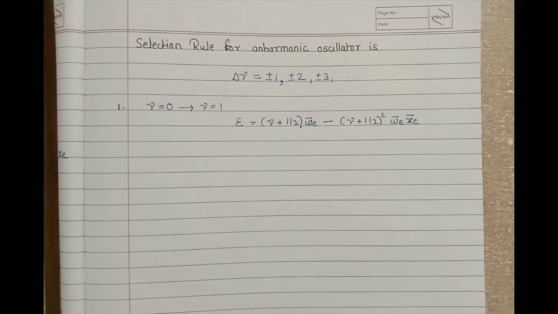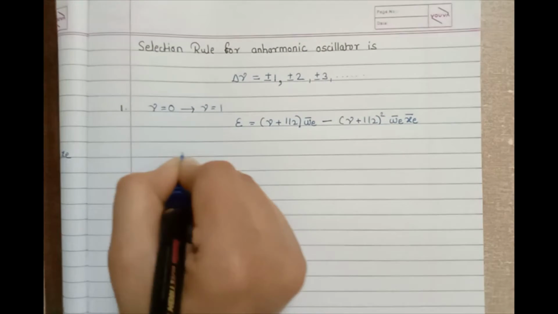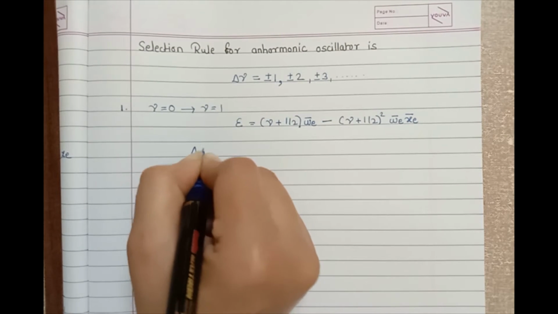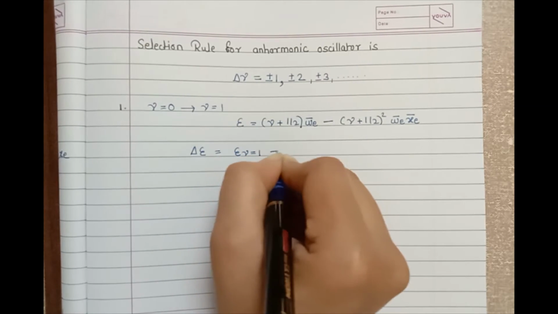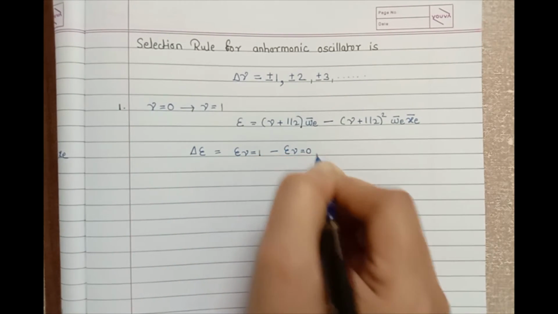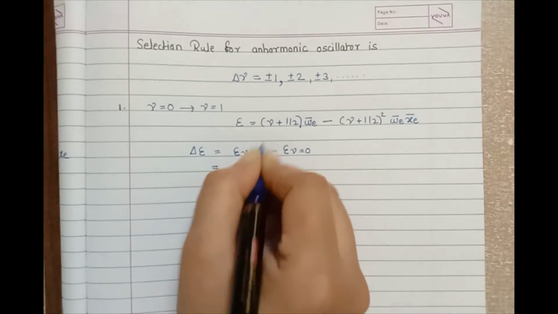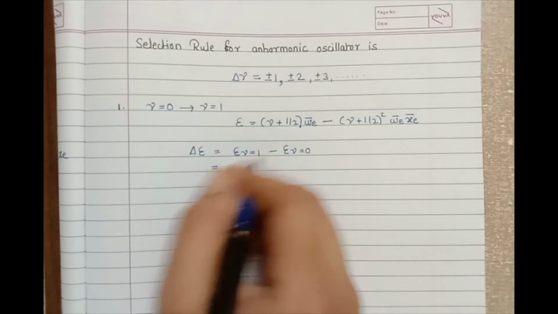Is it okay? Now we know that delta epsilon is equal to epsilon of nu is equal to 1 minus epsilon of nu is equal to 0. So now putting the value of nu is equal to 1.